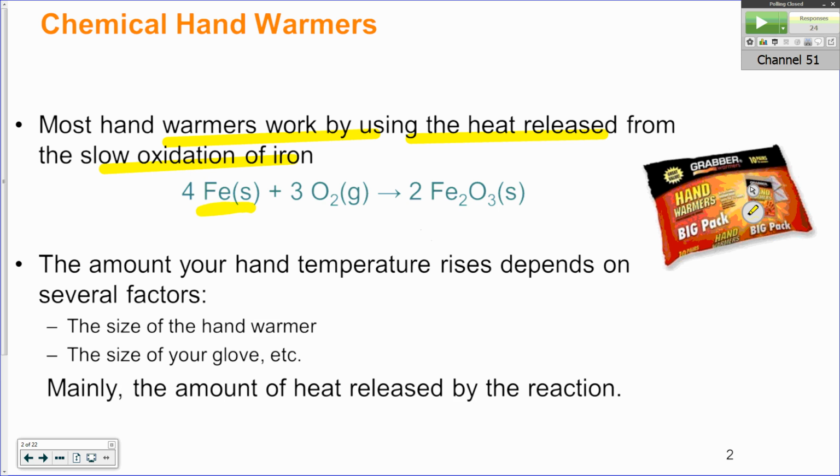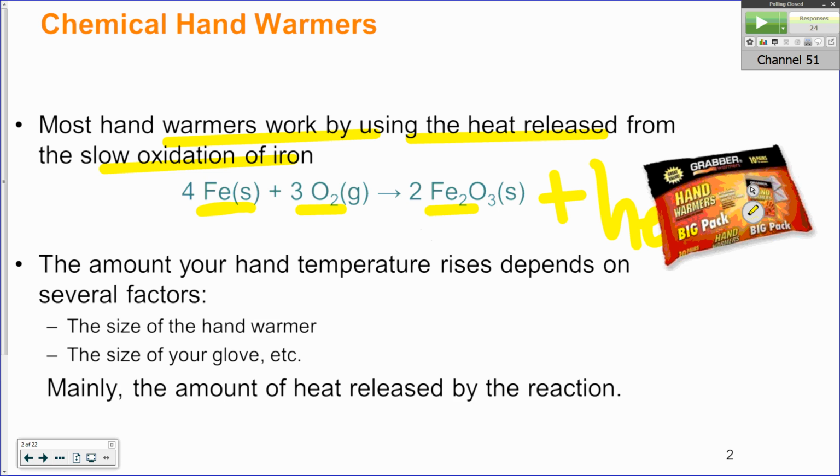You break that package open and expose it to water and oxygen, and as it starts to oxidize, it releases heat to the environment. So this reaction gives off heat. You can break one open, and for about 3 hours it'll keep warm. You can stick that in your coat pockets, and if you're hunting, you can keep your hands warm.